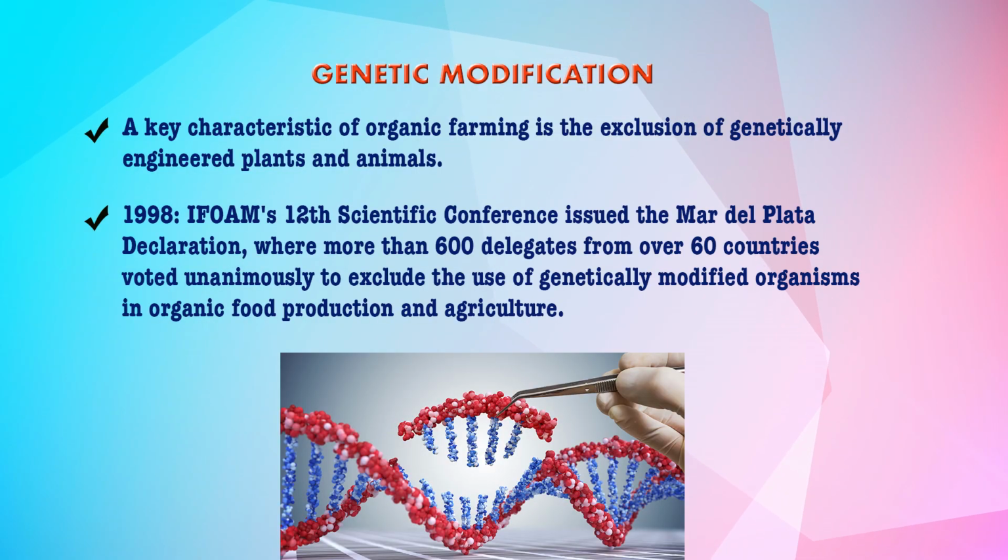In 1998, at IFOAM's 12th Scientific Conference, which had a large number of participants, they issued the Mar del Plata Declaration, where more than 600 delegates from over 60 countries voted unanimously to exclude the use of genetically modified organisms in organic food production and agriculture. So this was a turning point.